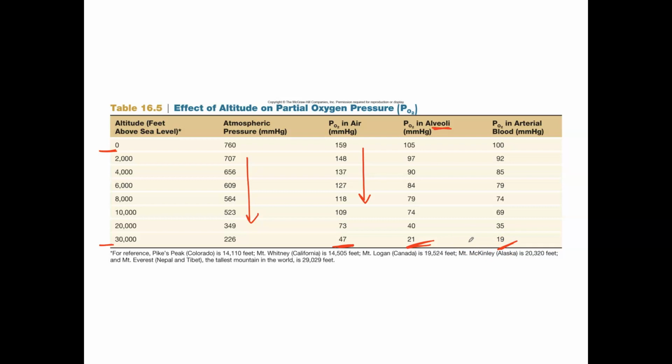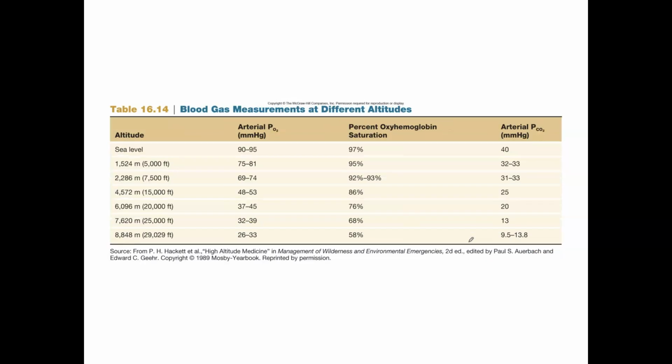What does that mean in terms of our ability to carry oxygen? So let's look at this table. When you have an extreme drop in the partial pressure of oxygen in arterial blood, our ability to carry oxygen goes down dramatically.